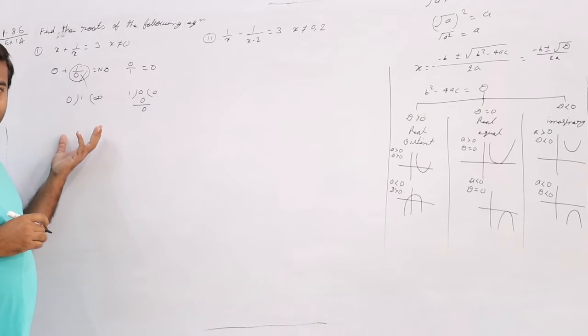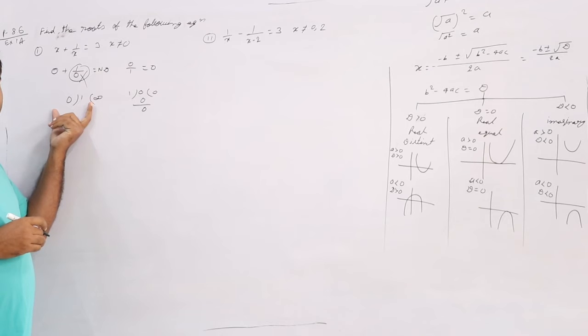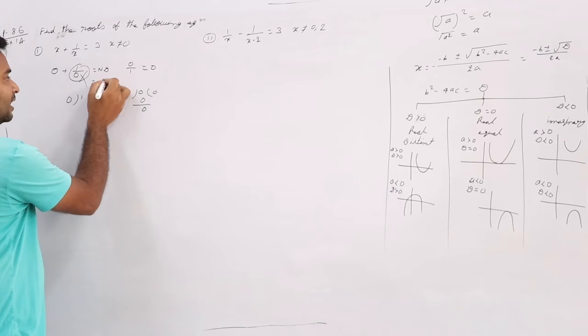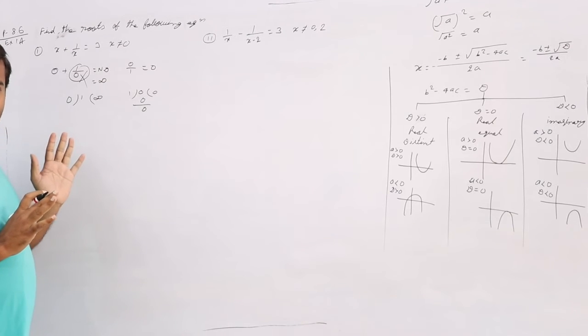We can't define 1 by 0. According to your syllabus, I'm just talking in the 10th, not in 11th. Not defined, you can write infinite.